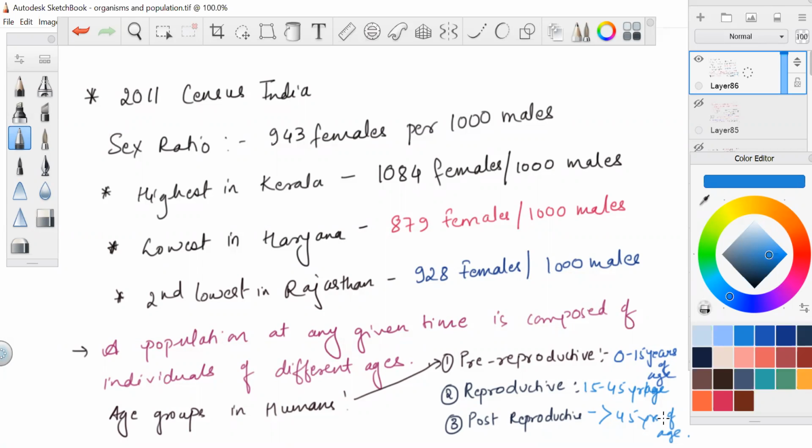So on the basis of age in the population, we will be plotting age pyramids. First note it down, then we'll.